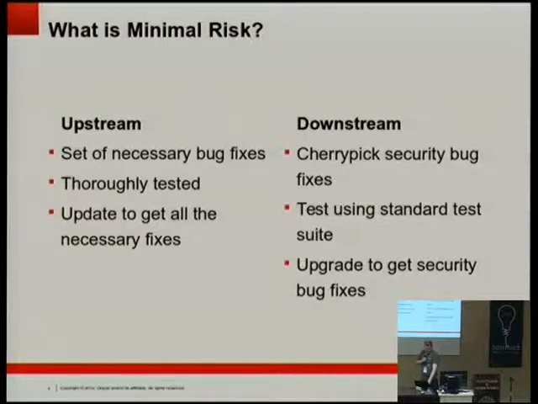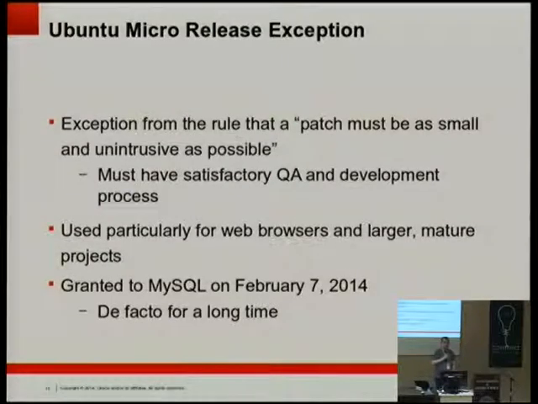We got Ubuntu to do that this February. We filed an application for what's called a micro-release exception. As far as I know, Ubuntu is the only distro that has this. There's a concept where they deviate from that rule that you only have minimal patches.